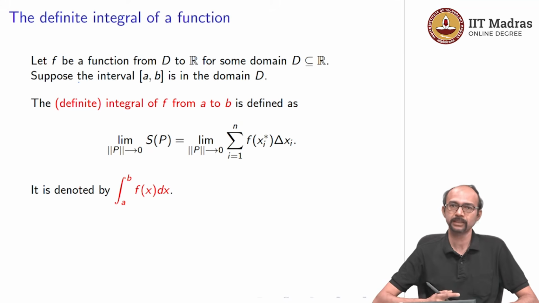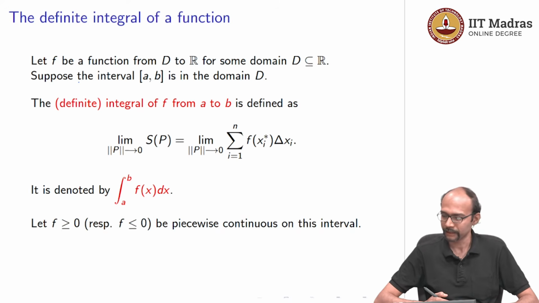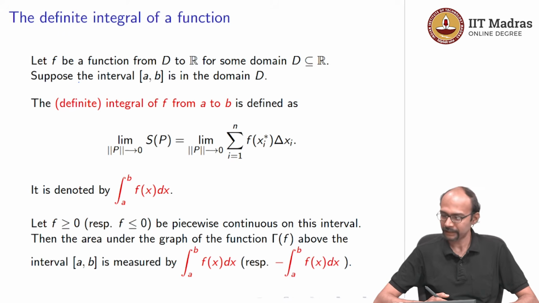I want to warn you that this dx is very crucial. If you drop the dx, you may run into trouble somewhere else. So I'll qualify that when I get there in the next video. Okay. So if f is positive and it is a piecewise continuous function on this interval a to b, then the area under the graph of that function above the interval a comma b is measured by this integral a to b f of x dx.